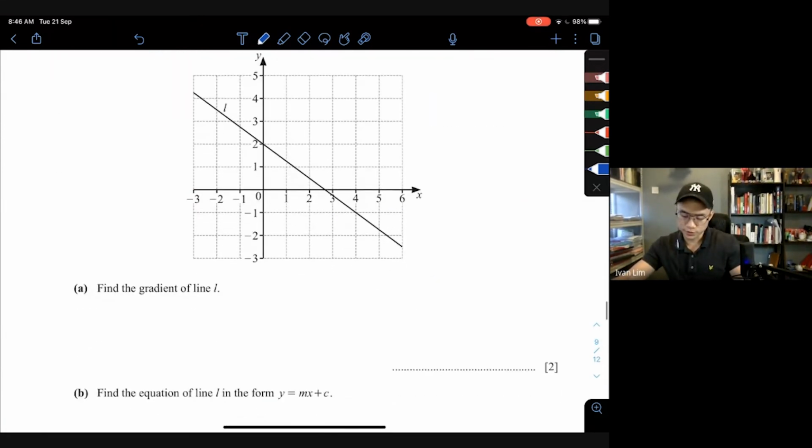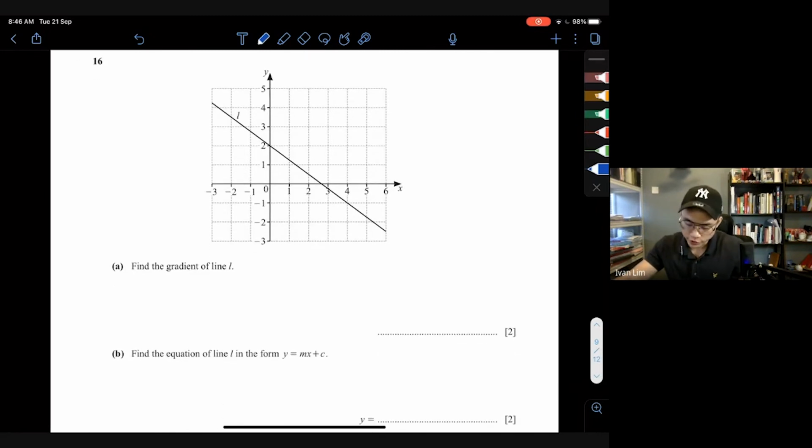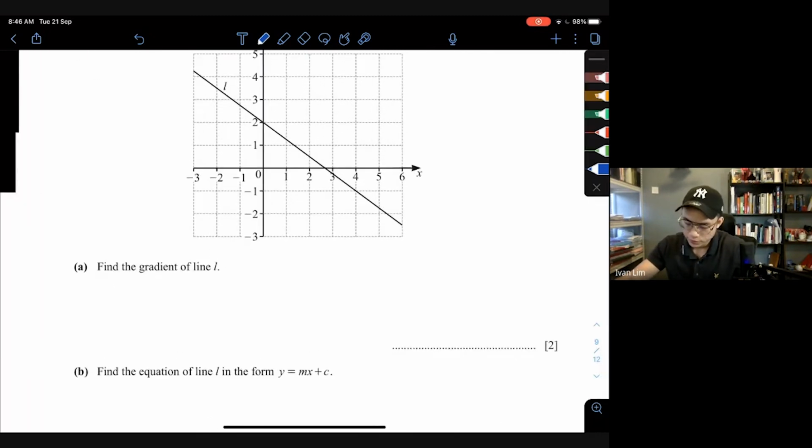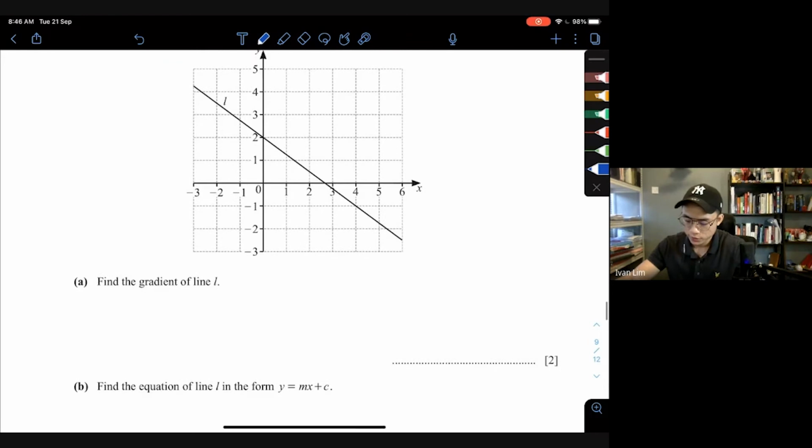Question 16. Find the gradient of line L. You all have to read the points that you can read. Don't go and shift the points. From what I can see, the points that are clear are point 0, 2 and this other point 4, -1.